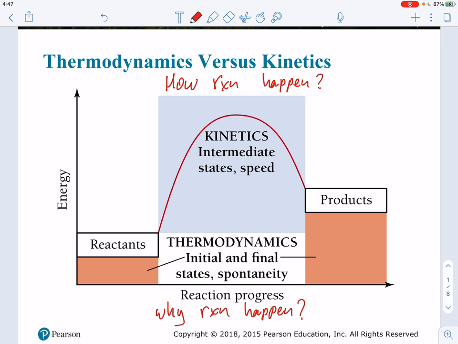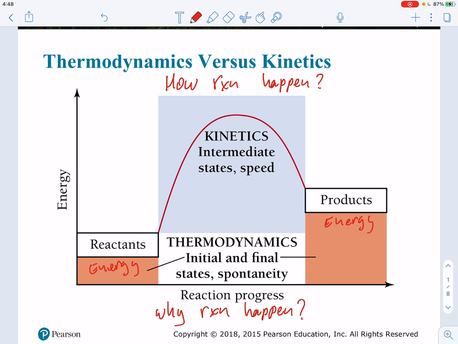Here we have an energy diagram, and we are familiar with this, probably not from 180 but from 170. This is representing the energy of the reactants, and this is the energy of the products. You are seeing a difference between the energy levels of the reactants and the products.